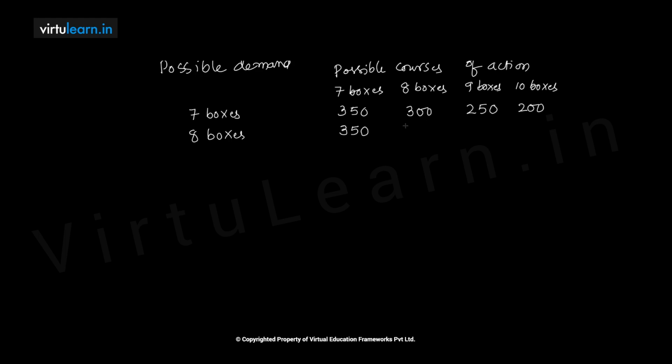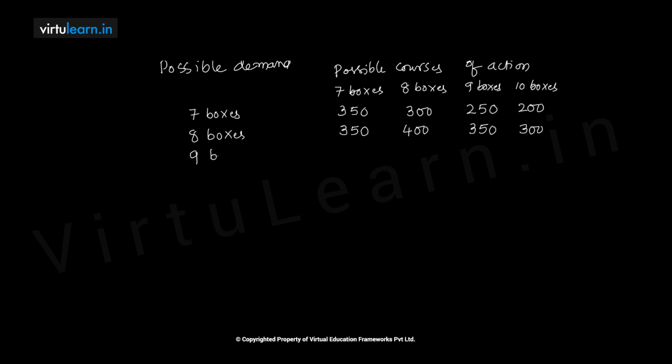Here 8 boxes are stocked, 8 boxes are sold, 8 into 50, 400. But when 9 boxes are brought, only 8 boxes are sold. So he has got 400 profit, 1 box is lost, so there is a loss of 50 rupees. So then it becomes 350 rupees. Then here 8 boxes are sold, 400 has come, 100 rupees is lost, and so 400 minus 100 is 300.